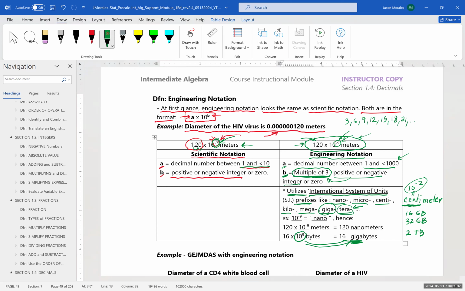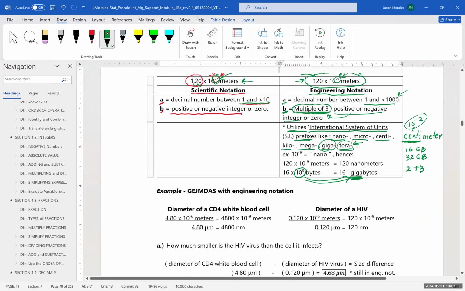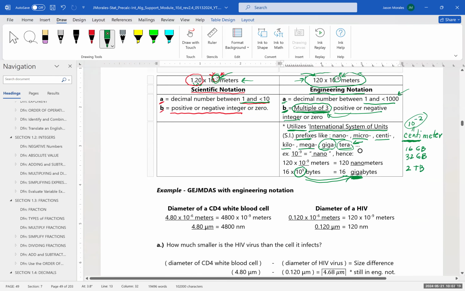Those prefixes are related to multiples of 3 when it comes to engineering notation. Now you have an idea of how engineering notation just has a few extra stipulations to make it different from scientific notation. So how do we go about multiplying, dividing, adding, and subtracting with engineering notation?